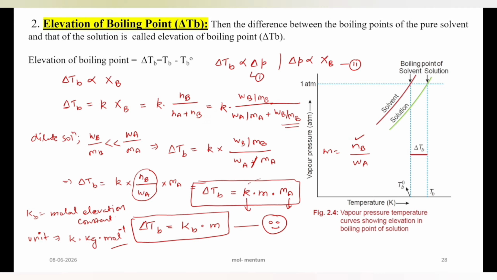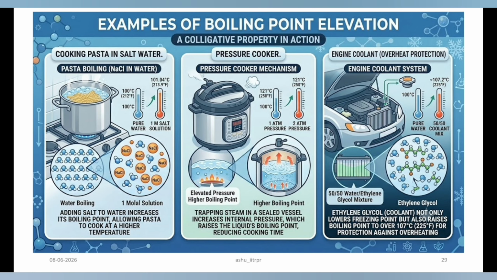Now these are the examples of elevation in boiling point. While cooking, when we add salt in water, when you cook Maggi, pasta, even food pulses, the moment we add non-volatile salt NaCl, it increases the boiling point.